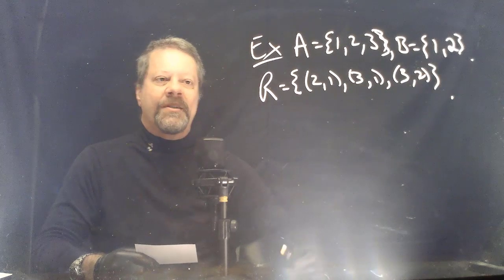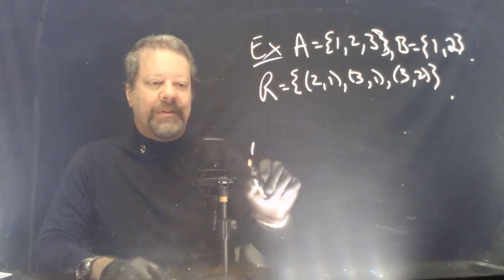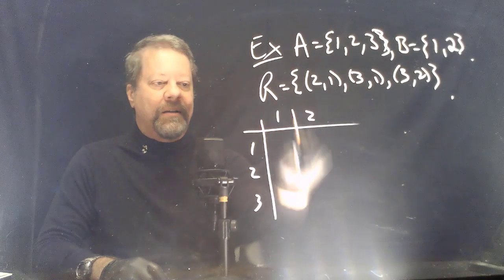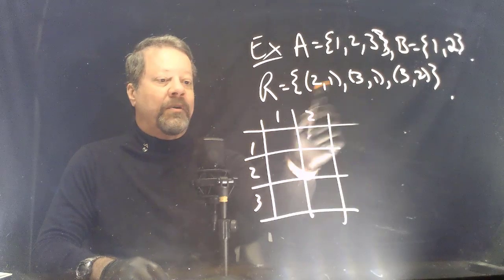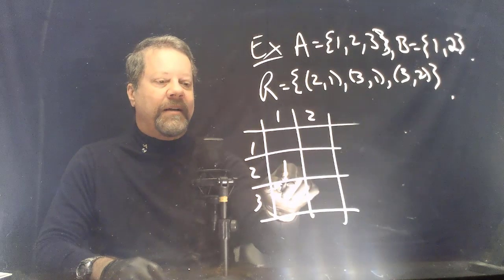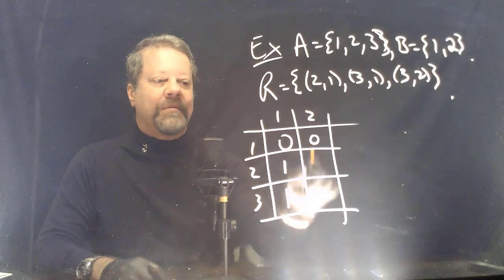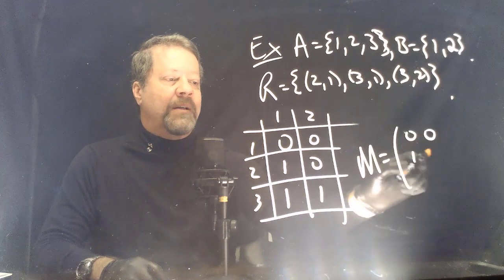What is the matrix representation for this relation? Again, we put inputs here and outputs here. So (2,1) is in there, (3,1) is in there, and (3,2) is in there, but nothing else. So our matrix will be 0, 0, 1, 0, 1, 1.